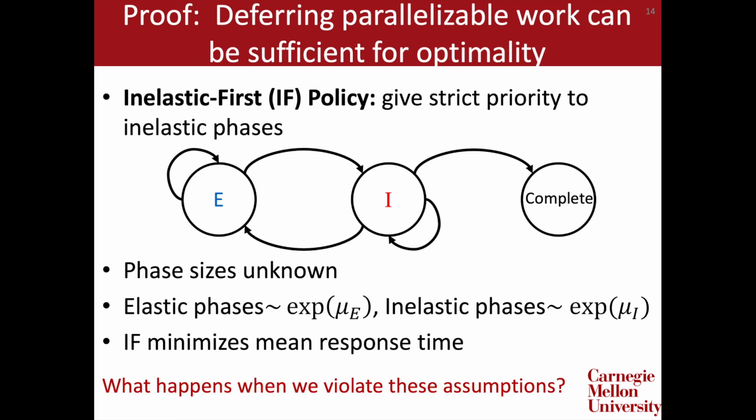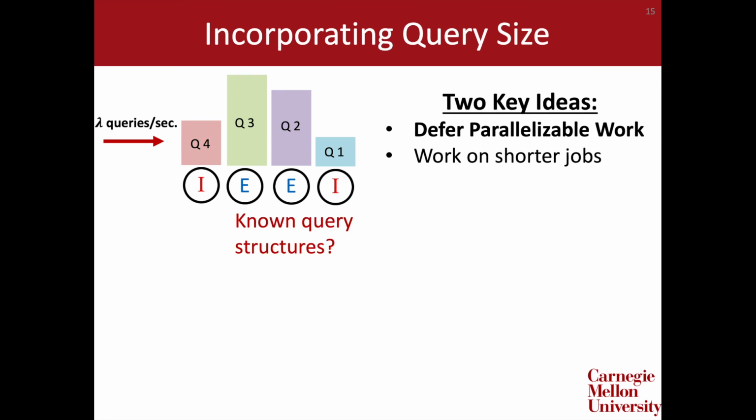In particular, what happens if we're in the case where the database knows the exact sequence of phases corresponding to each query, or the database can make very accurate predictions about the sizes of each query phase? In this case, we have to actually combine our two key ideas and work on shorter jobs in addition to deferring parallelizable work. To accomplish this, we propose a policy called IF-SRPT.